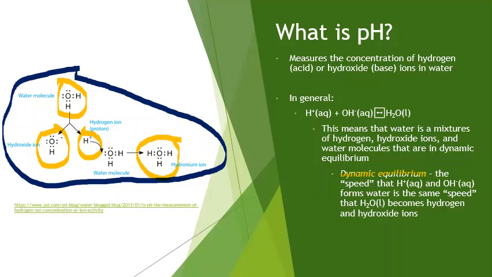And then if this hydrogen atom is near another water molecule, which is what you're seeing right here, then it can form the hydronium ion. This is all happening at the same time. It's also happening at the same speed. So when we're talking about dynamic equilibrium, that's the speed that hydrogen and hydroxide, or OH, forms water at the same speed.